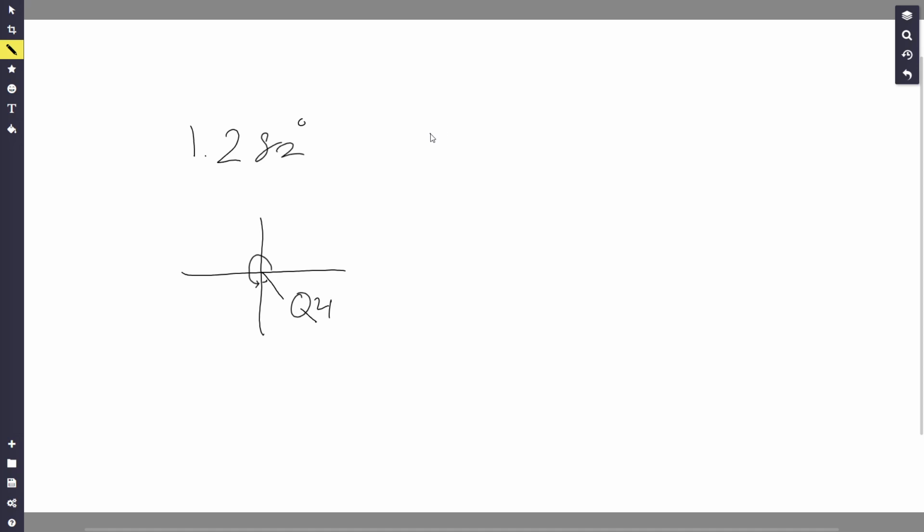For number 2, we have 5 pi over 7. Again, I'm going to draw our unit circle here, or our graph here. 5 pi over 7, we know that 1 pi is 180.